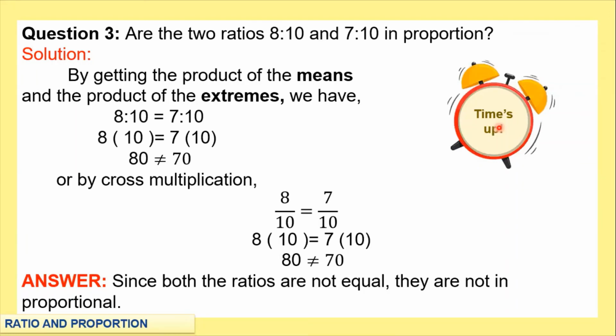For the solution, by getting the product of the means and the product of the extremes, we have 8 times 10 and 7 times 10. Therefore, 80 is not equal to 70. Or by cross multiplication, we have 8 times 10 and 7 times 10, which gives us 80 and 70. Therefore, they are not equal.